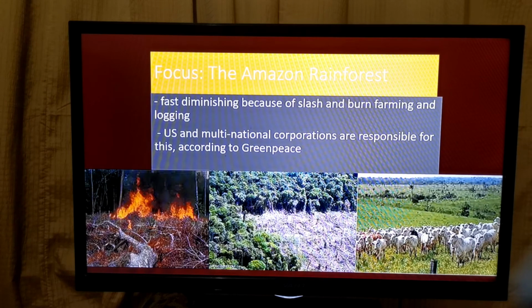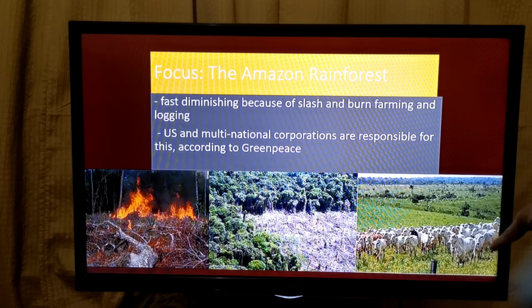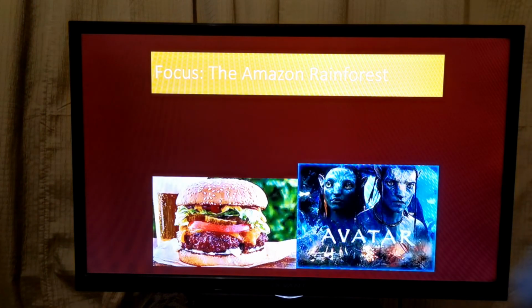They are the ones who manufacture burgers and corned beef and other products from the cow industry and sell them to North America and to the rest of the world, making money. And so the poor people in South America would just buy into it. Okay? Go into the slash and burn practice and join the bandwagon of making money.